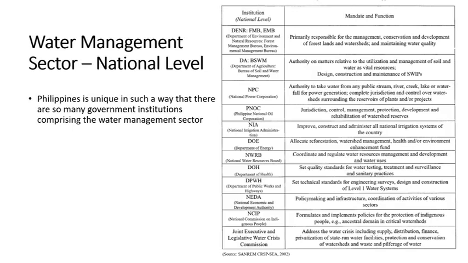You also have NIA, whose role is to improve, construct, and administer all national irrigation systems of the country. So this now overlaps a bit with the mandate of the BWSM, who is also in charge of construction and maintenance of small water impoundments, which are actually part of national irrigation systems.